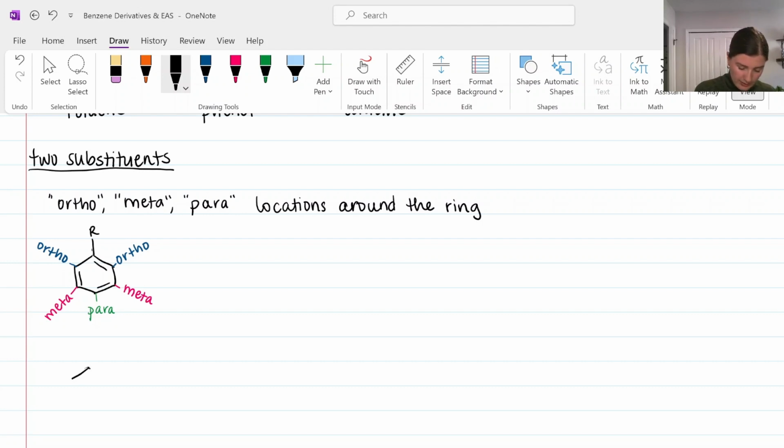So let's do 3 examples. I'll draw all of the molecules first, and then we'll name them together.